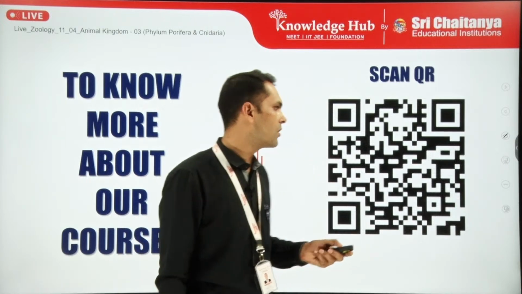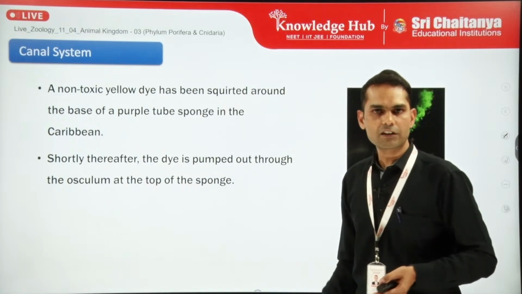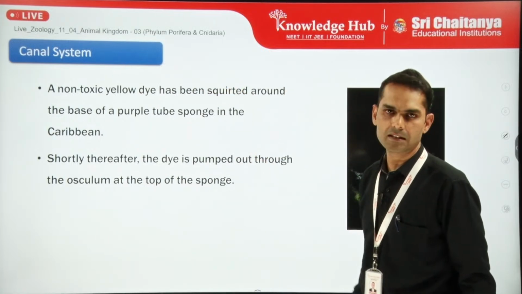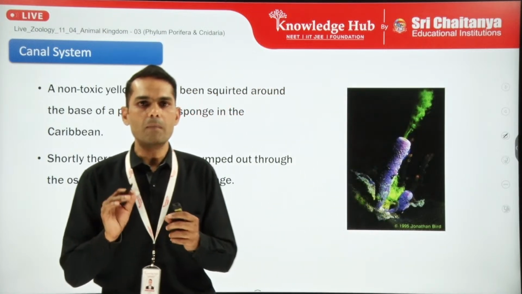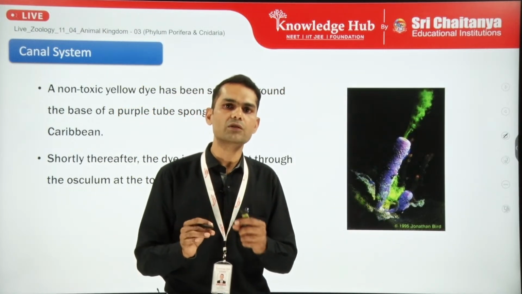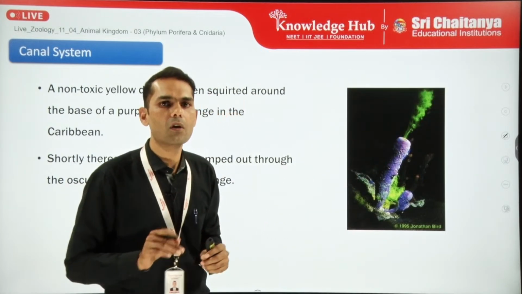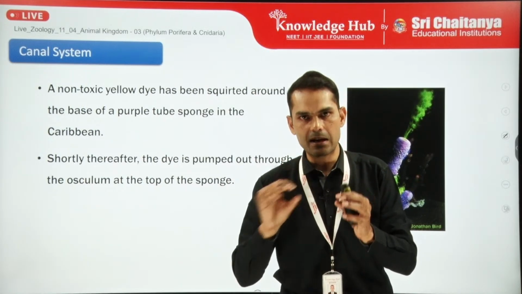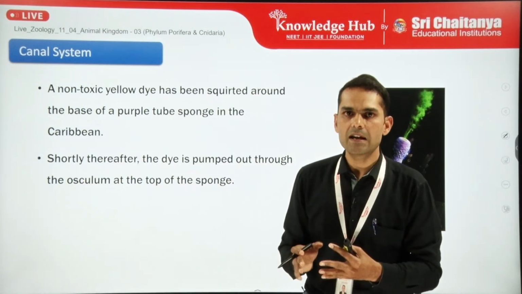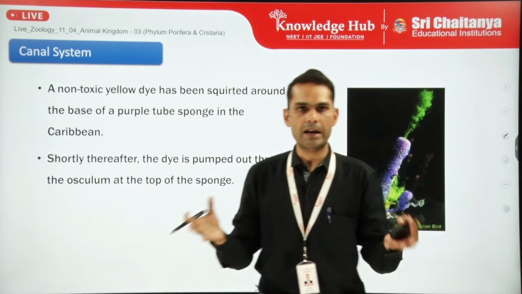So, moving next to an important property of this phylum, the water canal system. Now, if you see the water canal system, you might get confused with the water vascular system, which we are going to study in Echinodermata, not right now. So, the water canal system is a network of canals in which the water enters and leaves the body of the porifera. Now, what is the main use of the water canal system?